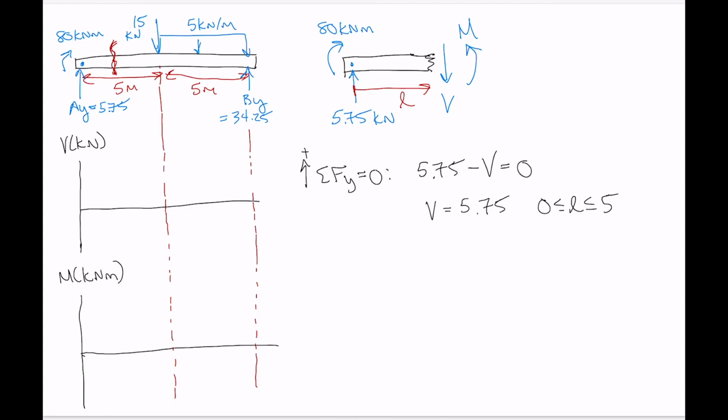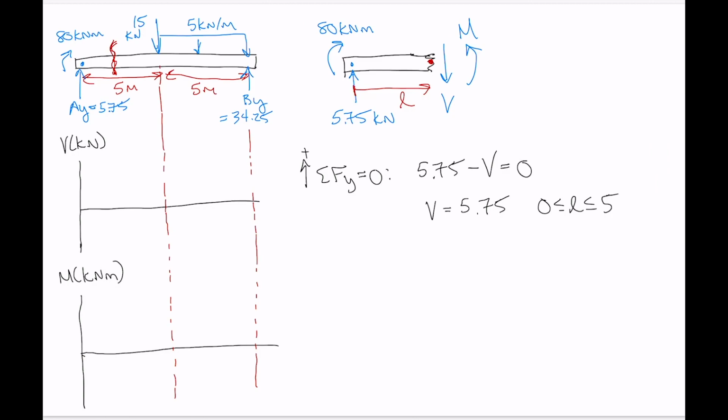Now, let's do sum of the moments equal to 0 here. Again, you can do a sum of the moments equation about any point that you want on the beam. I like to do it usually about the center of the section cut that I've just taken so that the moment due to the shear force is 0.